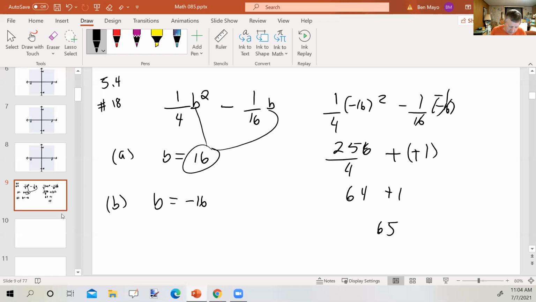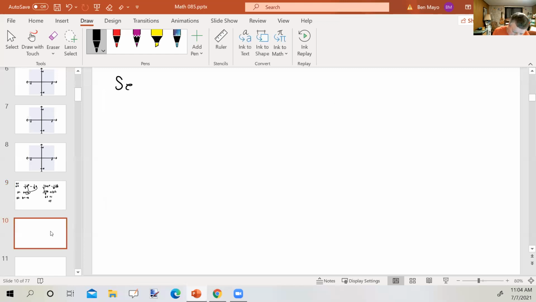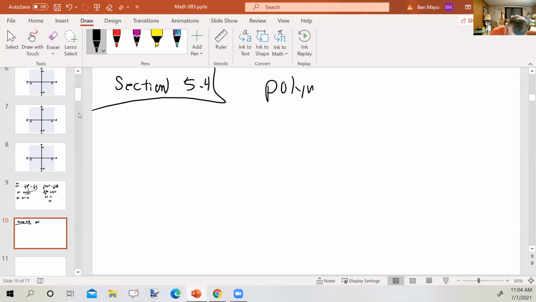And now we're going to go ahead and officially start section 5.4. We're going to talk about polynomials. A polynomial is an algebraic expression, so it's an expression that isn't just numbers.